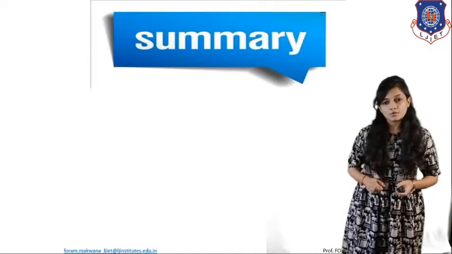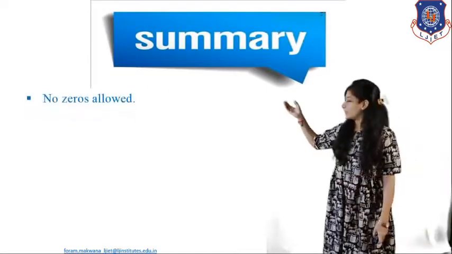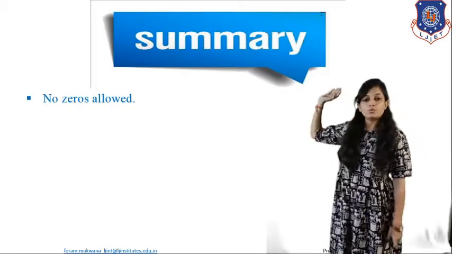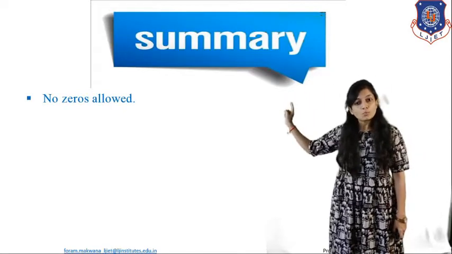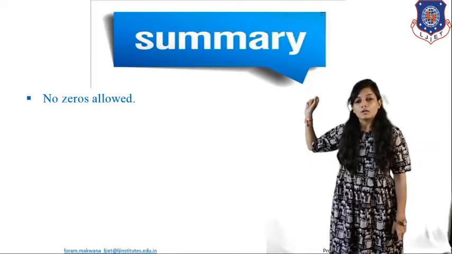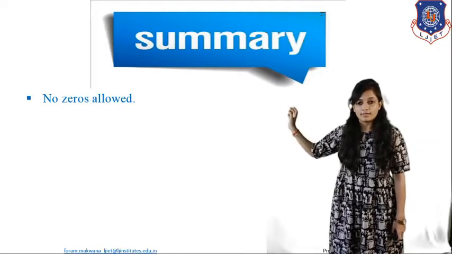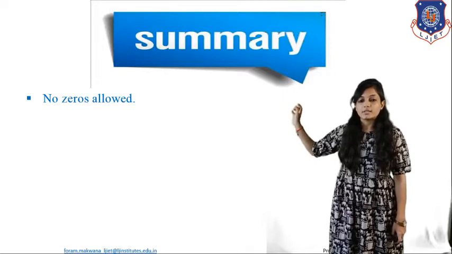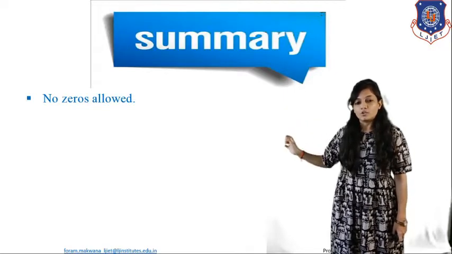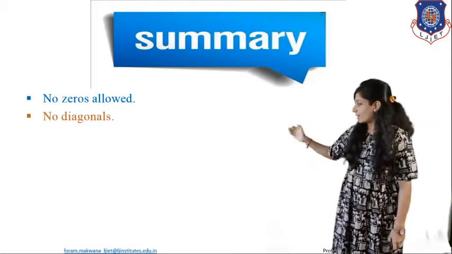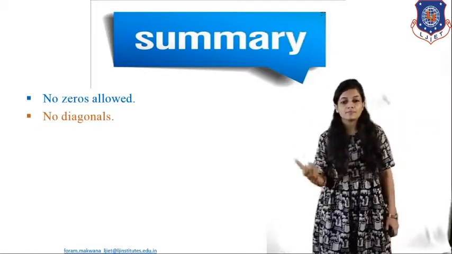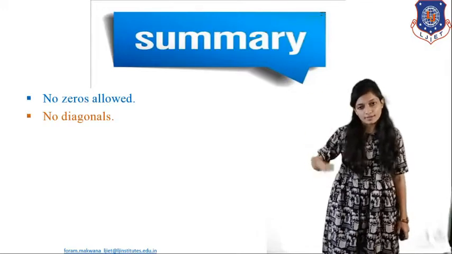Now, a summary of all the rules. First, no zeros are allowed. We need to consider only ones. We are going to make groups of ones only. We can't consider a group in which a zero is present. Second, no diagonals. We are going to make groups horizontally or vertically.